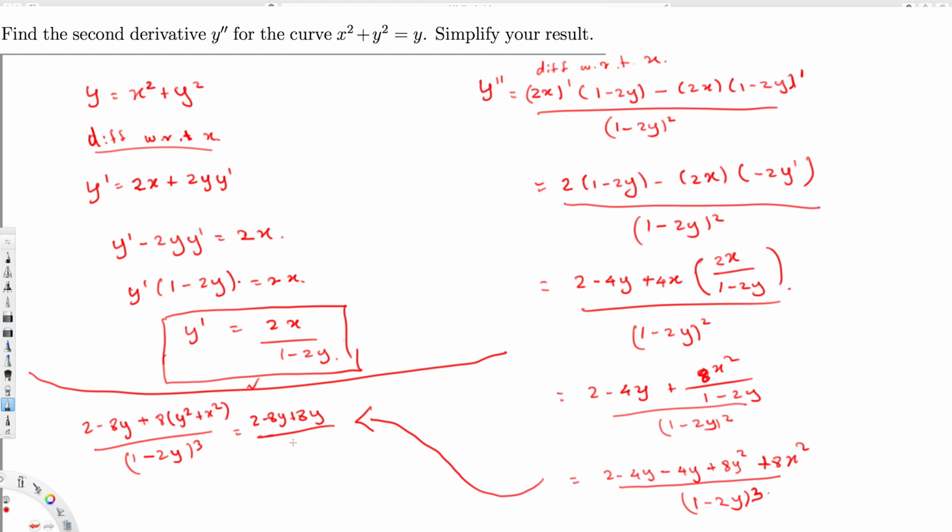So 8y, then we have 1 minus 2y cubed. Then we can cancel the 8y and 8y. The final answer is going to be 2 over 1 minus 2y cubed. This is the question: find the second derivative y double prime. Simplify your result. So we simplified as much as possible.